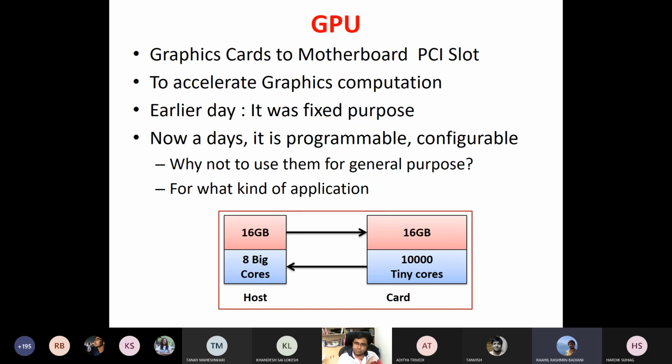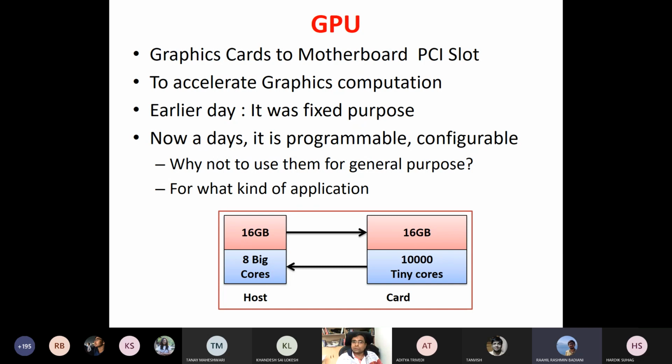Whenever it is programmable and configurable, we can use the GPU not only for graphics but for general purposes also. Why not use it for general purposes? Because graphics computations involve very small repeated functions being called, like ray tracing or rendering applications, where we call very small functions repeatedly.